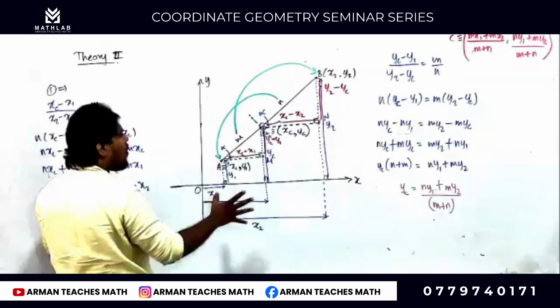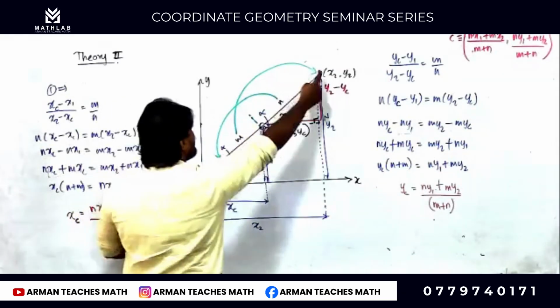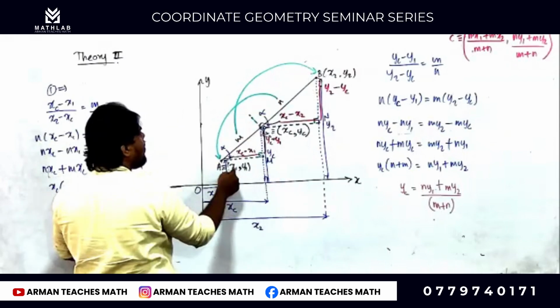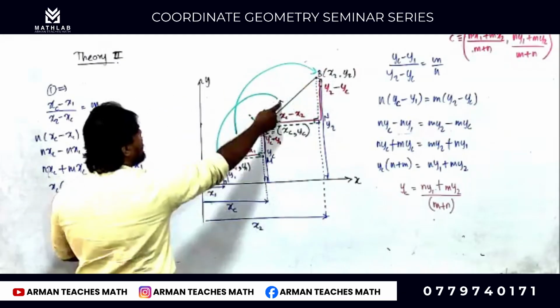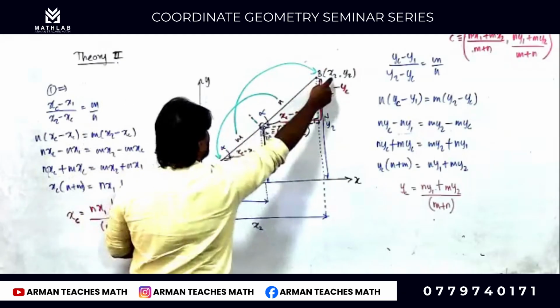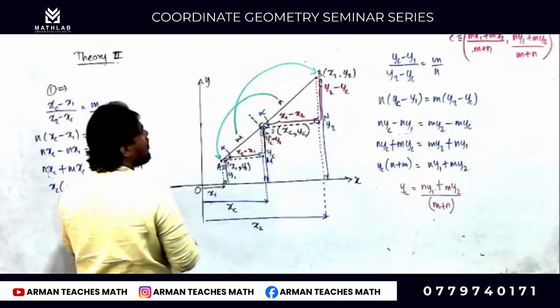So if you want the x coordinate, m multiplied by x2 plus n multiplied by x1. This ratio times this x coordinate, this ratio times the second x coordinate, divided by the sum of the ratios, m plus n.